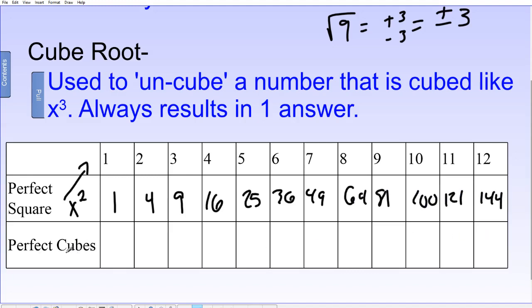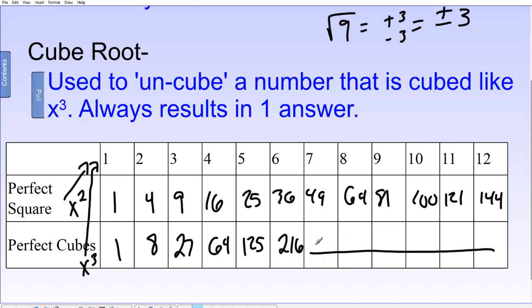To find perfect cubes, you take whatever that number is, and you cube it. You take it times itself 3 times. So 1 times 1 times 1 is 1. 2 times 2 times 2 is 8. 3 times 3 times 3 is 27, 64, 125, 216. And honestly, you don't need to know the rest of these.